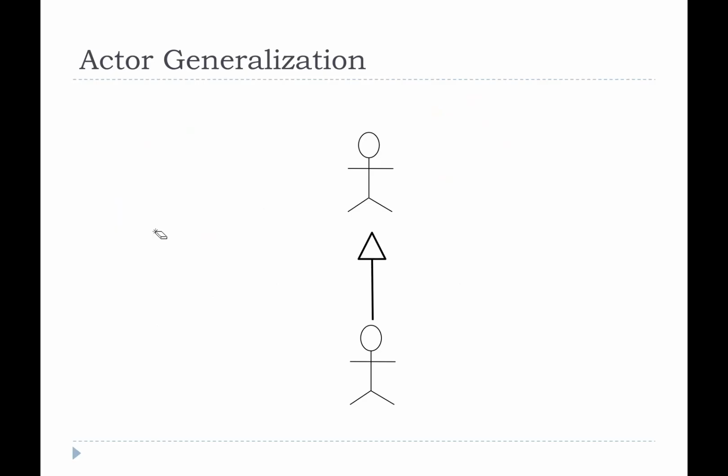We have to be careful about this, because a lot of times the mistake we make with this type of relationship is that we're not comparing with the proper meaning of the generalization relationship, which is exactly the same as in a use case or between classes: the bottom actor is a specific type of the upper actor.